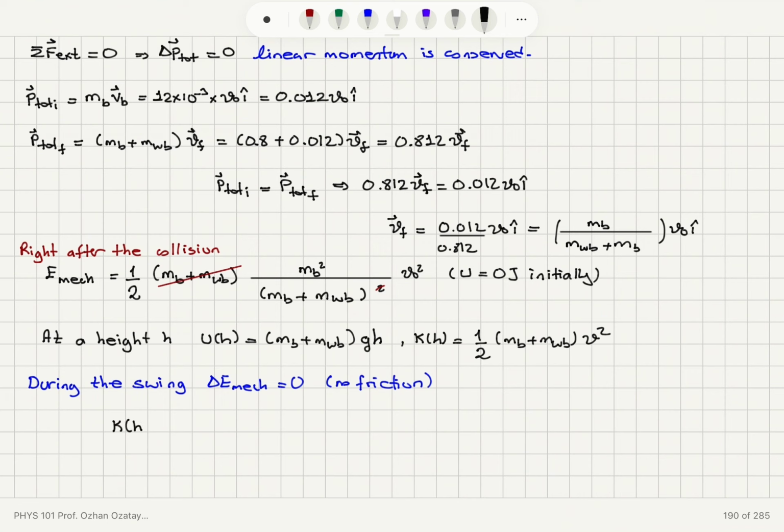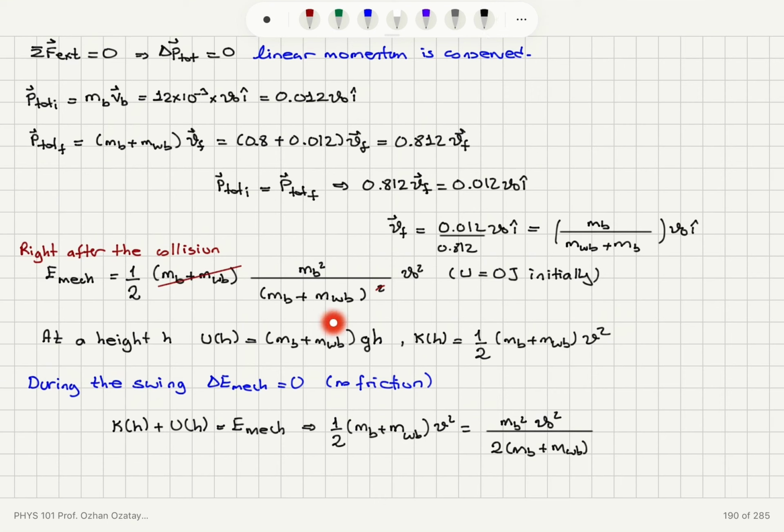Therefore, kinetic energy at height h plus potential energy at height h will be equal to the initial mechanical energy of the system. So we have 1/2 times the mass of the bullet plus the mass of the wooden block, v squared, equal to the initial mechanical energy, the mass of the bullet squared, v0 squared, divided by 2 times the mass of the bullet plus the mass of the wooden block.